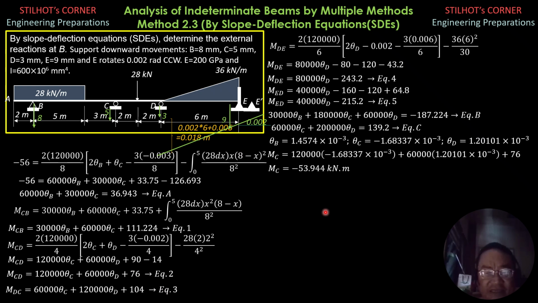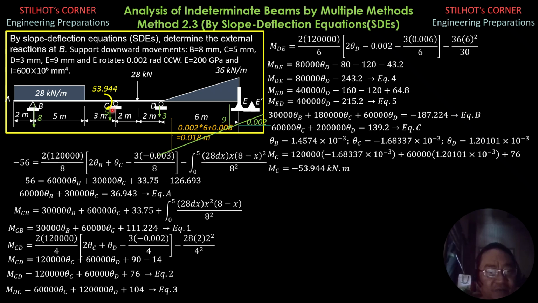So MCD is negative 53.944 kilonewton meter. Then let's apply that there. So for BC, it is counterclockwise because it's negative. So it's clockwise. MCD counterclockwise, but MCB is clockwise, as shown.